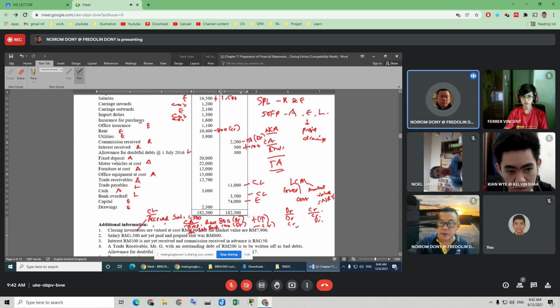So if this is debit, where is the credit? The credit is when we provide under current liability, because current liability is a credit item. So commission received in advance, or we call it prepaid commission received, 150.